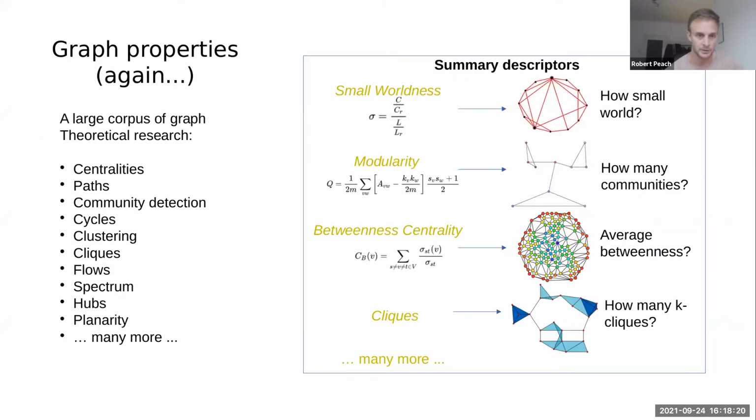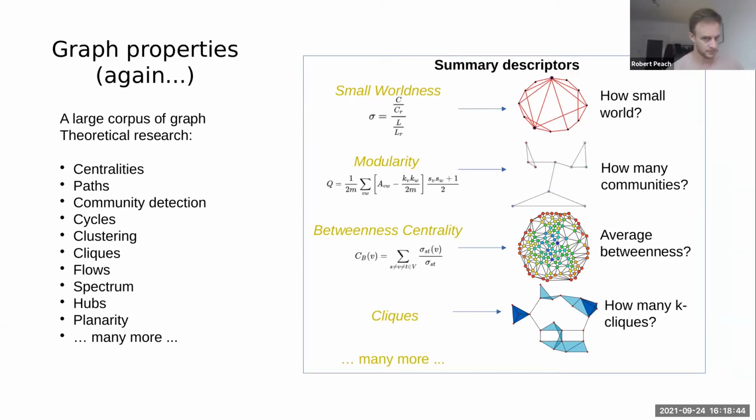And so we take the large corpus of graph theoretical research that I mentioned earlier, and now we try and condense those down into summary descriptors. So we might compute something about communities, and then we can turn that into a summary descriptor by saying, how many communities are there?